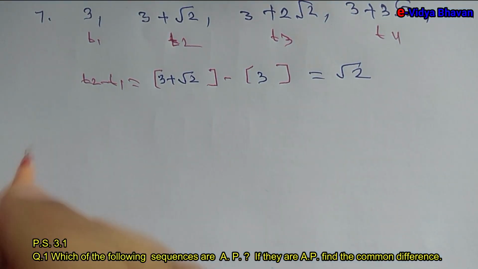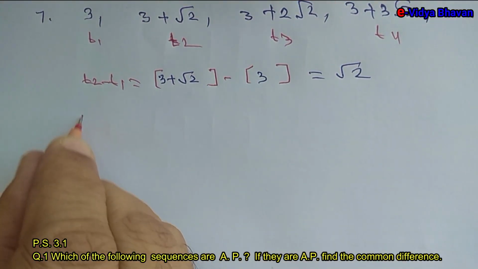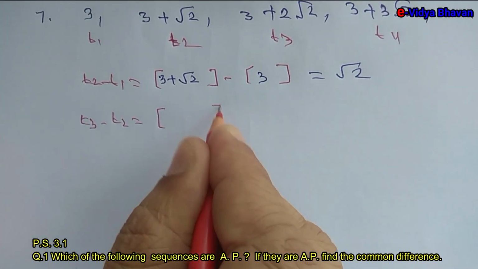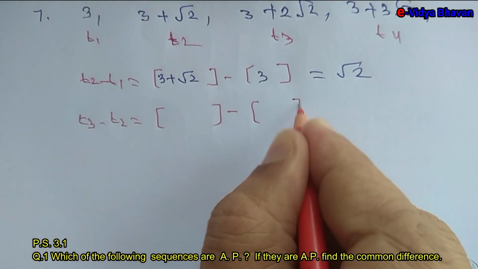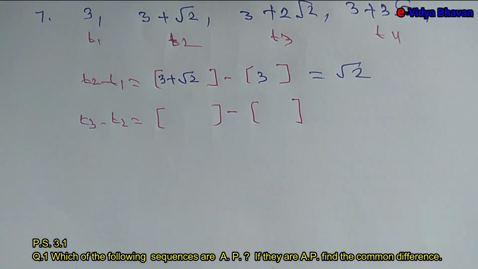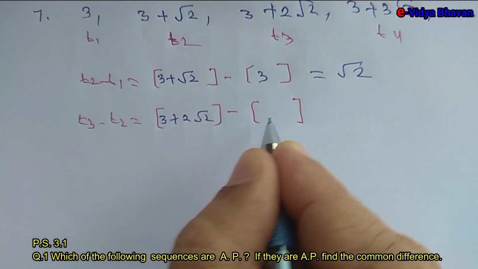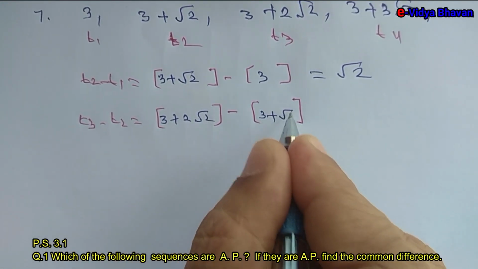Again, T3 minus T2. What we are getting? 3 plus 2 root 2 minus 3 plus root 2.